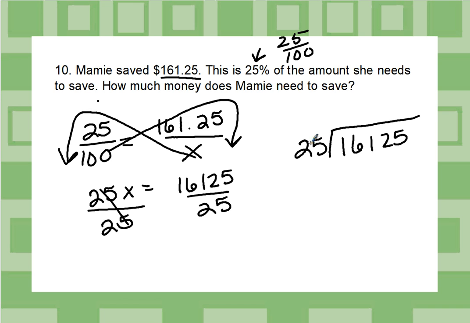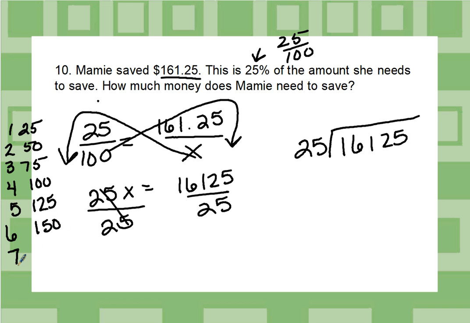And as we do this, if we were going to write down our 25s, this is quarters, and if you think about it, 1 quarter is 25 cents, 2 is 50, 3 is 75, 4 is $1, which would be 100, 5 is 125, 6 would be $1.50 or 150, 7 is 175, 8 is 200, and I'm going to stop.